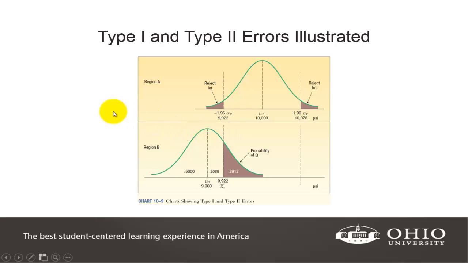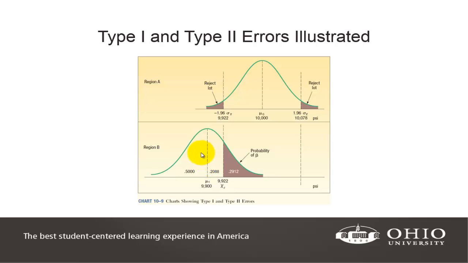We're looking at a picture here where the actual mean is 9,900, and yet 29% of the samples would have a tensile strength greater than 9,922 and would therefore fall into the acceptance range for the hypothesis test, testing the hypothesis that it's equal to 10,000. So this would be the case. There would be a 29% chance that we would conclude the mean is 10,000 when in fact it's not.